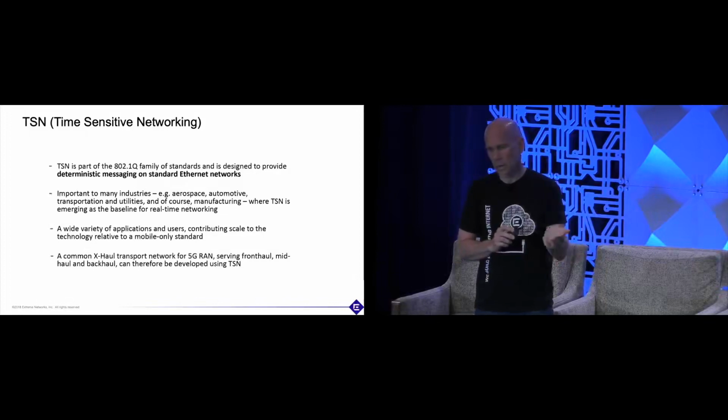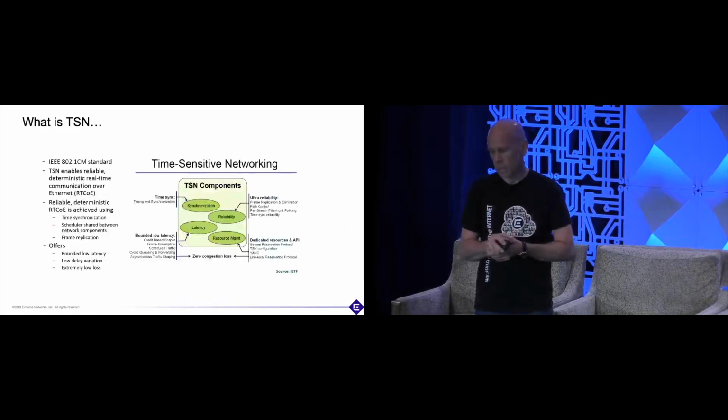And hence it's pretty interesting to see that that's a common sync mechanism for the X-haul networks, being the backhaul, mid-haul, and the front-haul networks. So with that said, with TSN, I'm going to skip over this slide. It's for your reference.